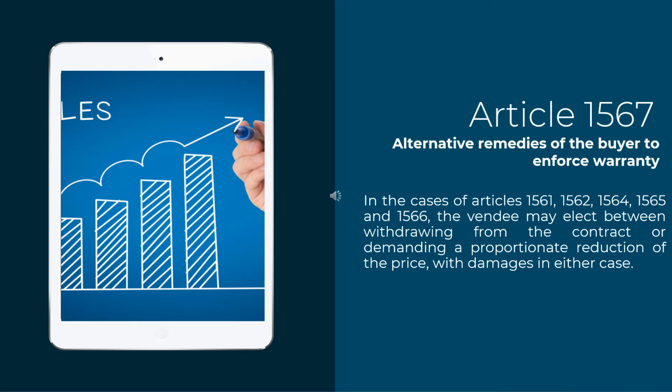So, these two options are freely given to the vendee. He has free will to choose any of those, either to withdraw or to demand a proportionate reduction of price. So, these are the options or the alternative remedies of the buyer to enforce warranty.